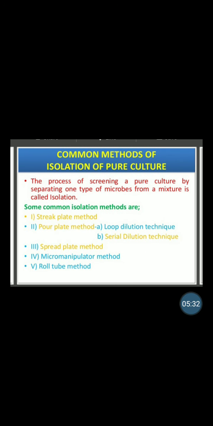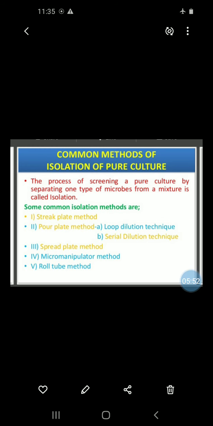So these are the common points on isolation of pure culture. What is isolation? It is the process of screening a pure culture by separating one type of microbe from a mixture, and this is known as isolation.